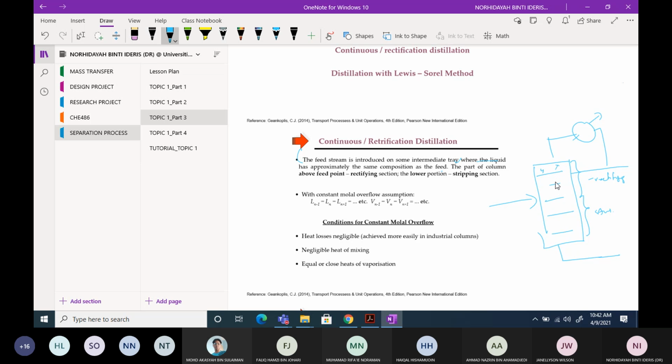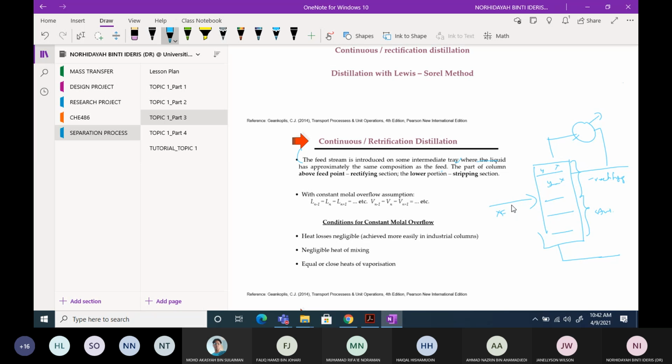At certain stages, the composition of A in the liquid will be more or less similar to this xF. So that's the location of the feed stream.